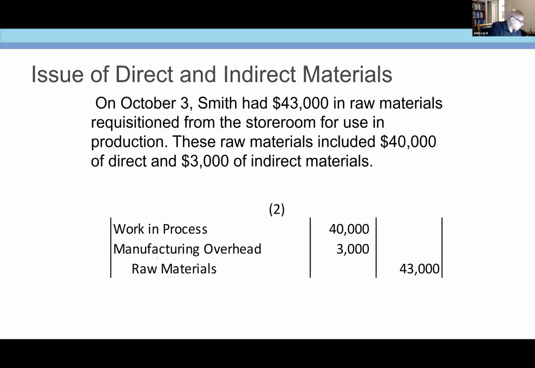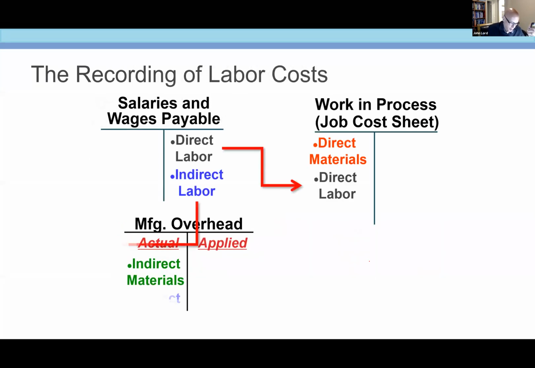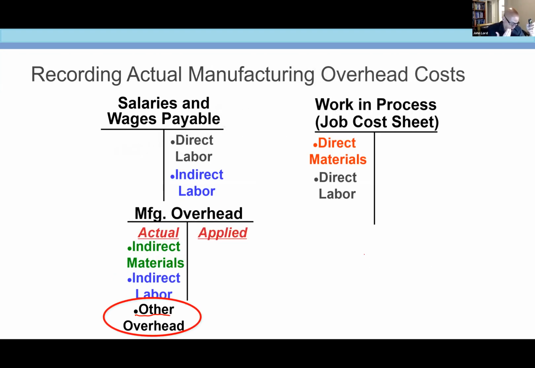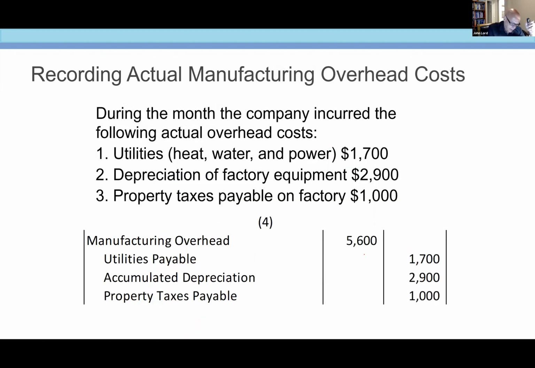So in manufacturing overhead, they put what, 3,000, right? That was for the indirect materials, right? And then they put what? They put 12,000 for the indirect labor. And then for the others, which was the depreciation and the utilities and whatnot, they put 5,600.